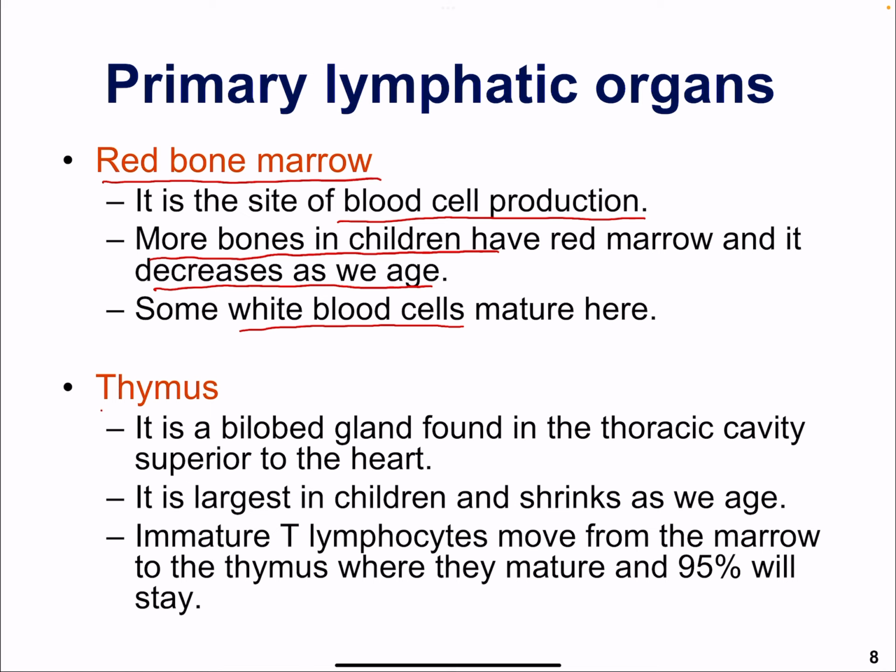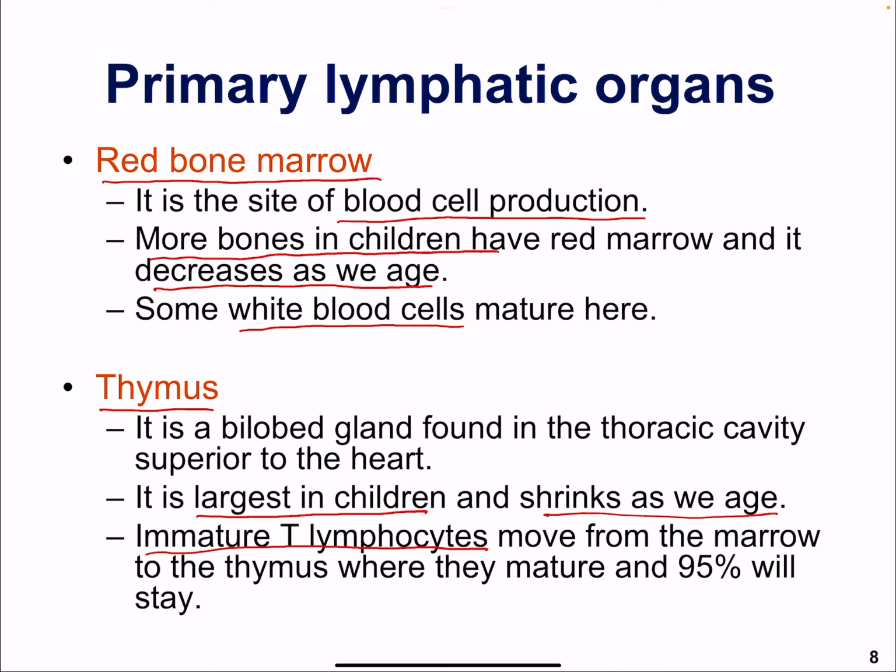Then we have the thymus. The thymus is basically going to be the largest in children and shrink as we age. Immature T cells are going to go in the thymus and learn the difference between self and non-self.